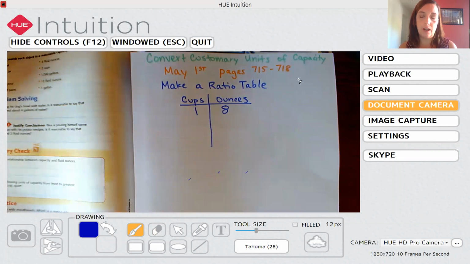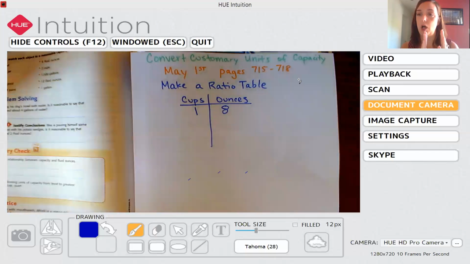So yesterday, we talked about what the units of capacity are, that a unit of capacity means the amount of liquid a container can hold. And we talked about a fluid ounce being the size of a nail polish bottle, a cup that we use to measure for baking or cooking, a pint being like the size of a sour cream container, a quart being a small, bigger than a pint, right?